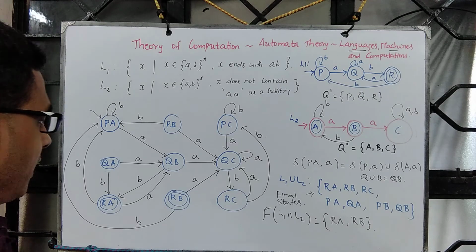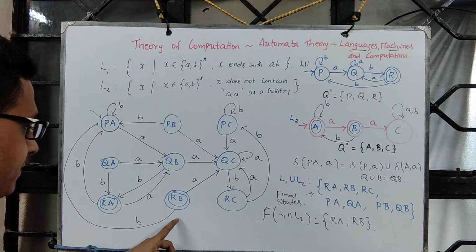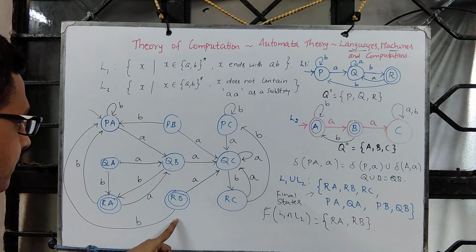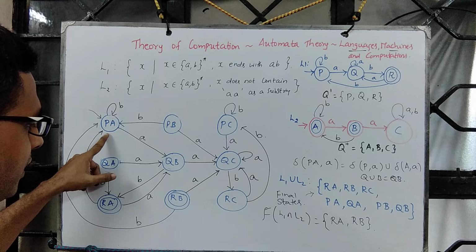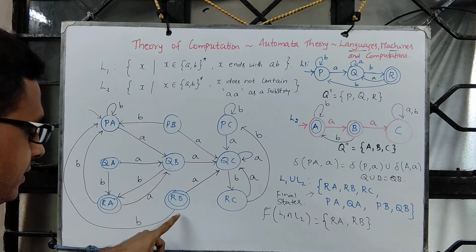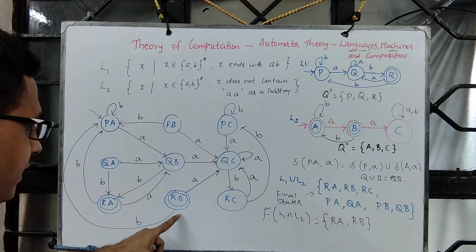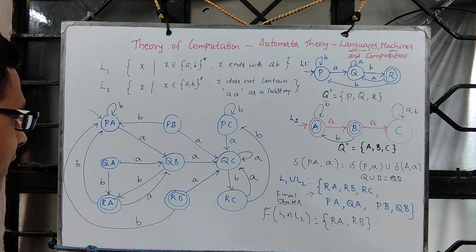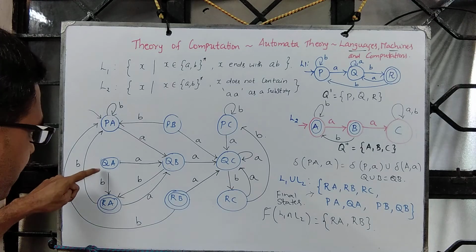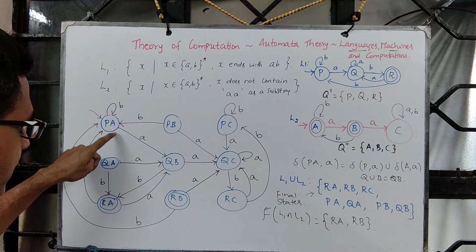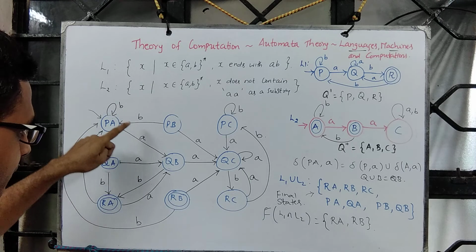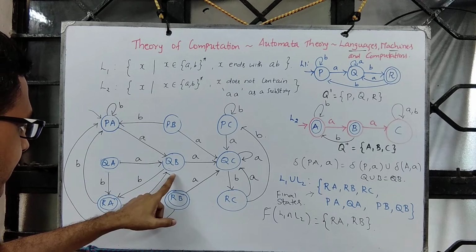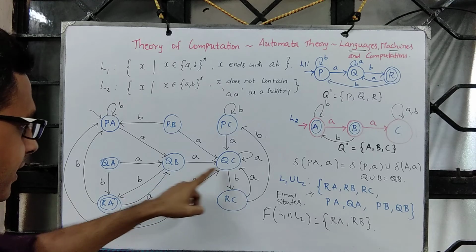The other interesting part to observe is the following. Starting from this, we won't be able to reach RB for any input. And similarly QA, for example, you read A, we come over here. You read B, you stay here. And from this, you read B, it is here, A, it is here.